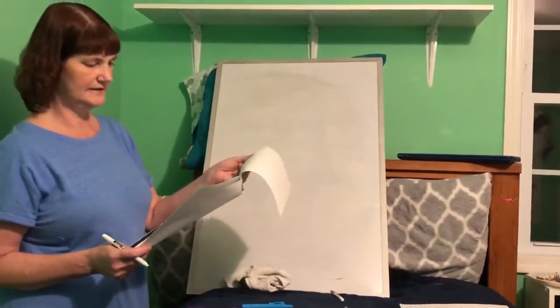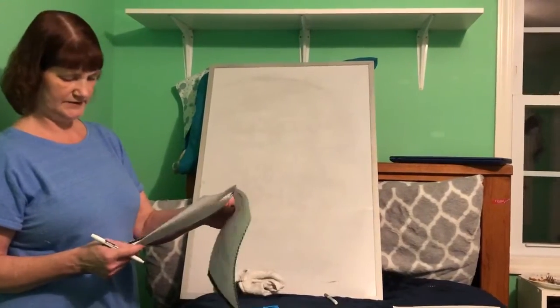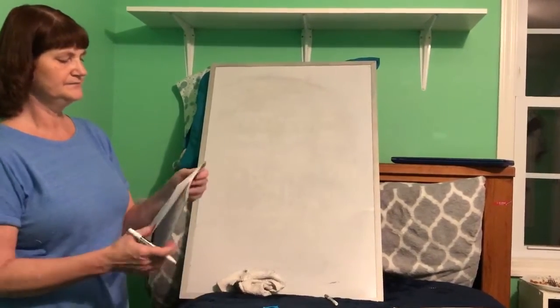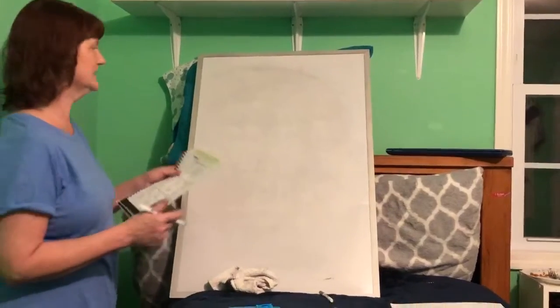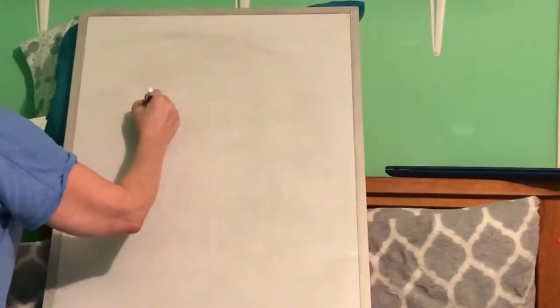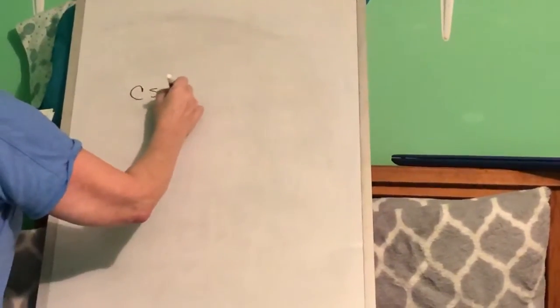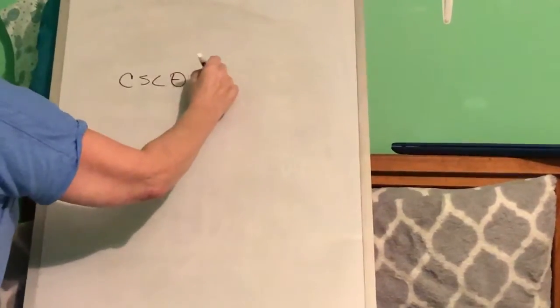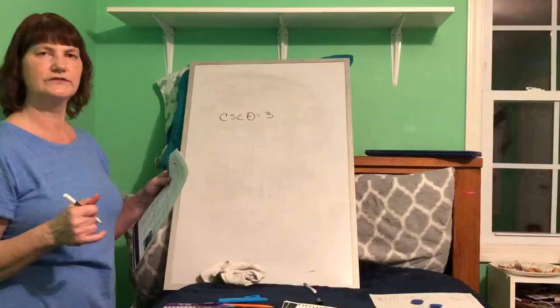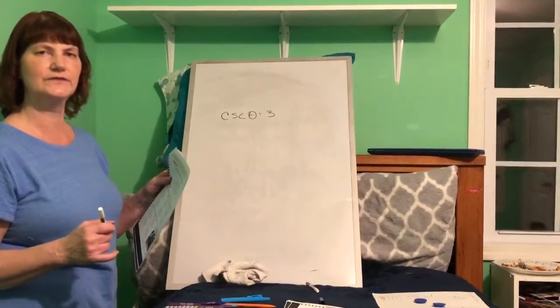Okay, I think there's one final idea here on page 439. Now we want to find the angle instead. So if I am given that the cosecant of theta is equal to 3. Remember, in order to find the angle, we have to use the arc functions or the inverse functions.